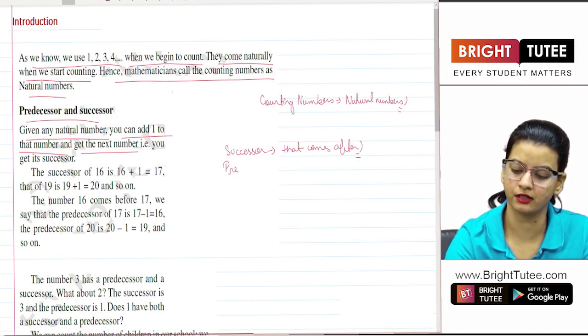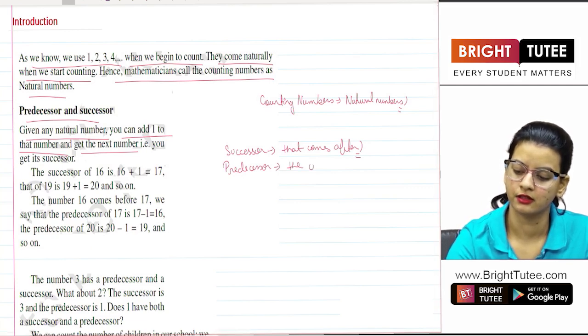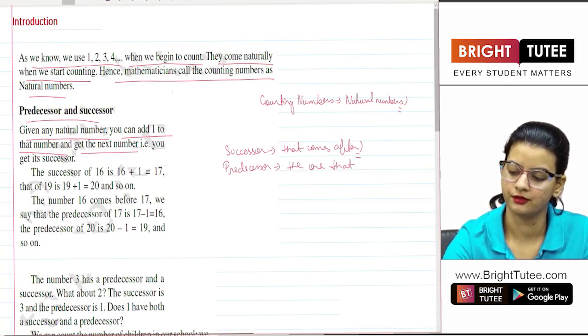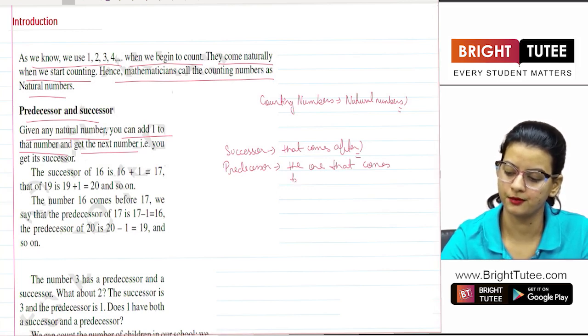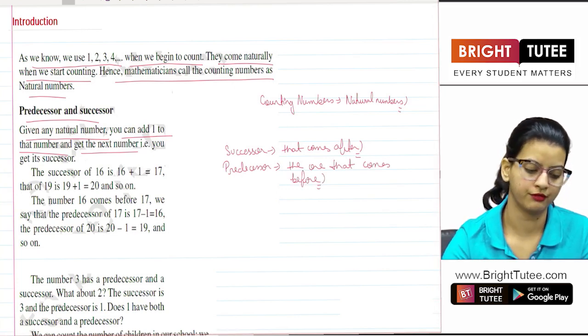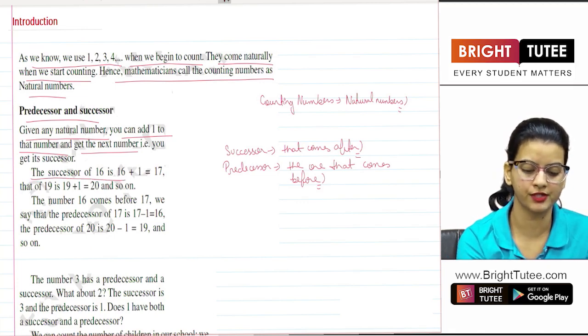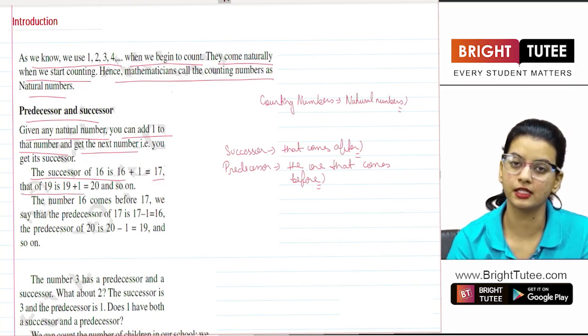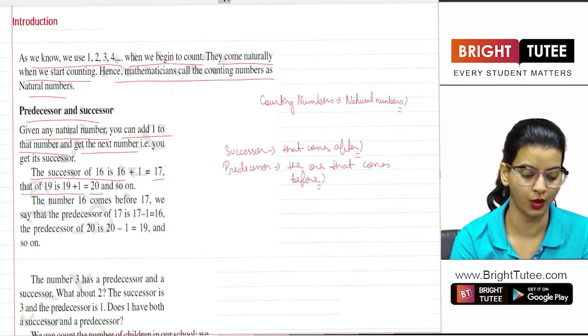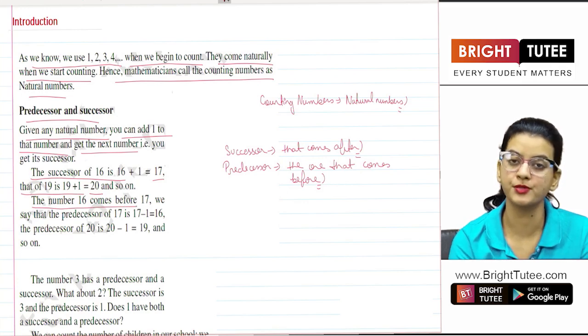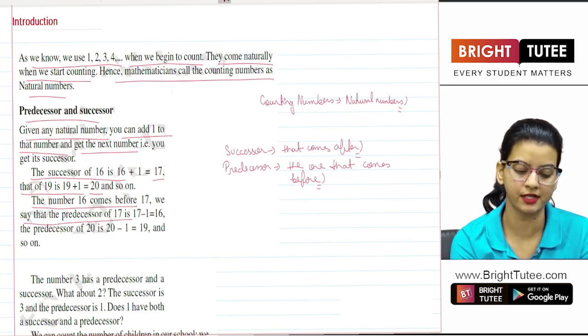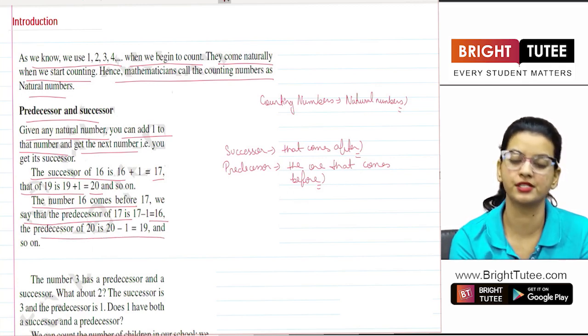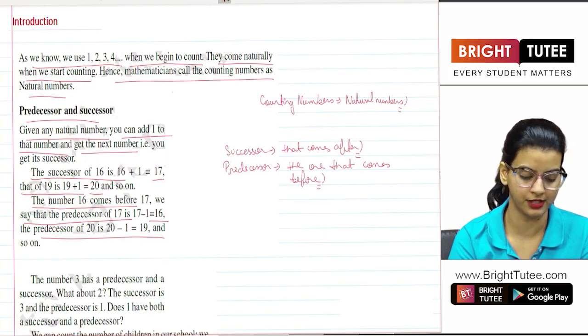And predecessor means the one that comes before. The successor of 16 is 16 plus 1, that is 17. The successor of 19 is 19 plus 1, that is 20, and so on. Now, the number 16 comes before 17. We say that the predecessor of 17 is 17 minus 1, that is 16. And the predecessor of 20 is 20 minus 1, that is 19, and so on.